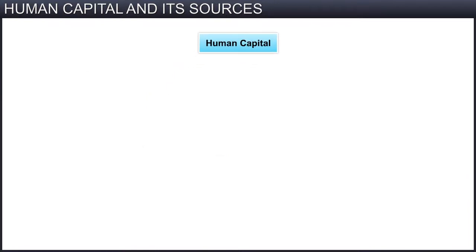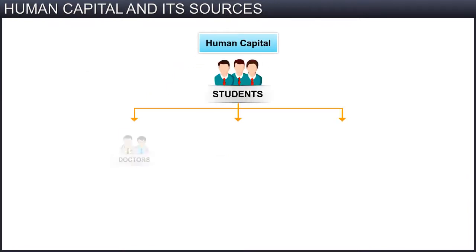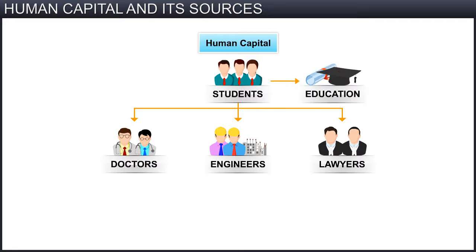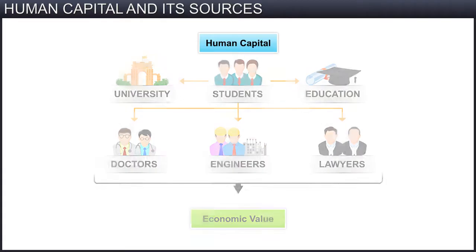Other examples of human capital are students who become doctors, engineers, lawyers, and other such professionals, wherein, after pursuing the relevant education in academic institutions and universities, they are able to create economic value.